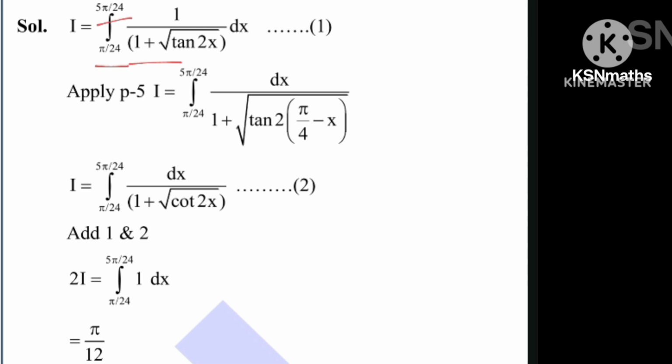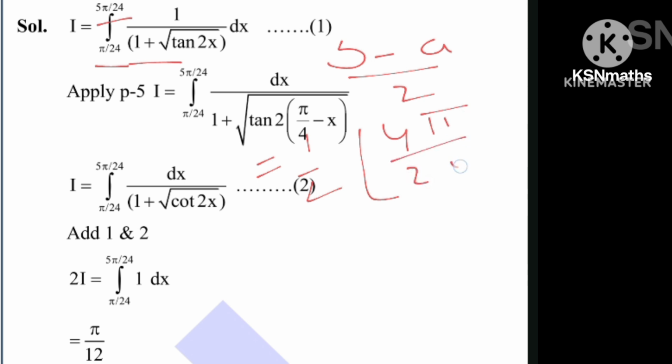Now the shortcut: b minus a by 2. Here b is 5 pi by 4 minus pi by 4, that is 4 pi by 4, divided by 2, so the answer is pi by 2... 4 pi by 24, that is pi by 12, is the answer. This is the direct formula for the first principle sum.